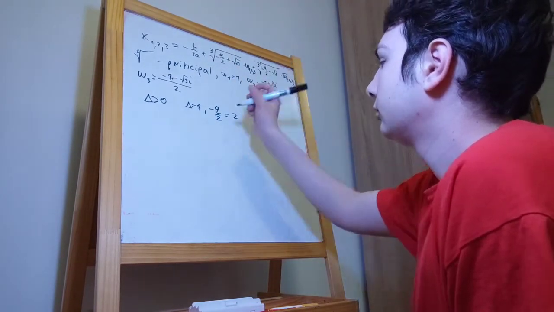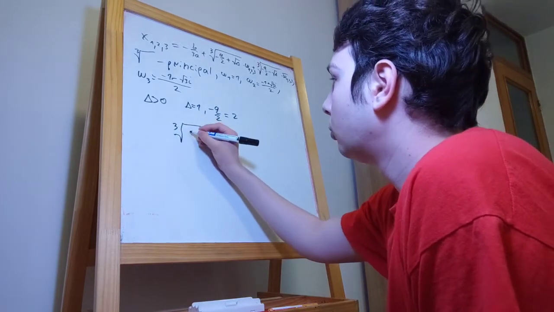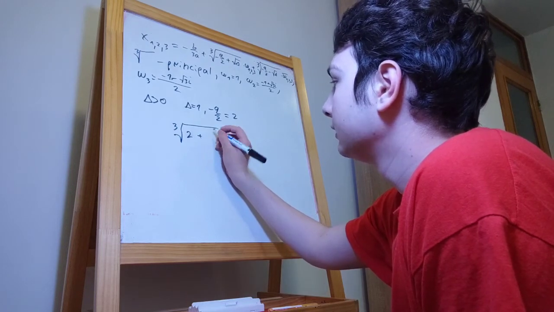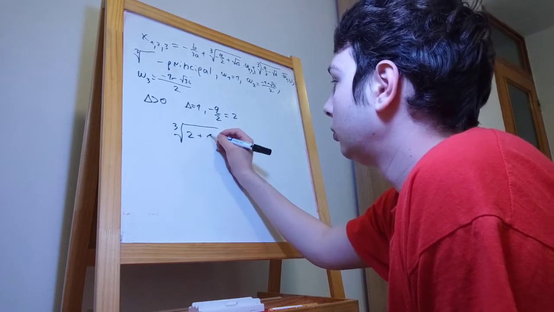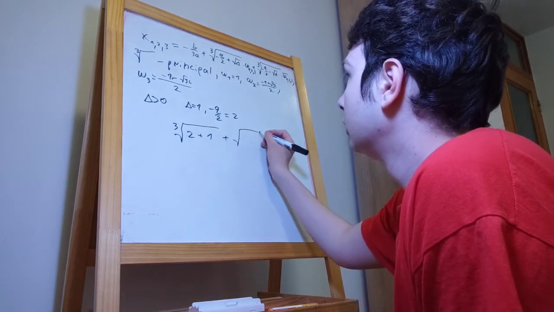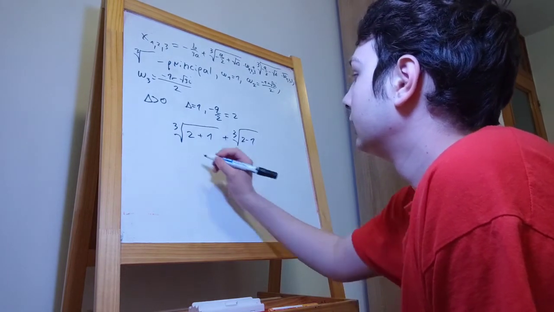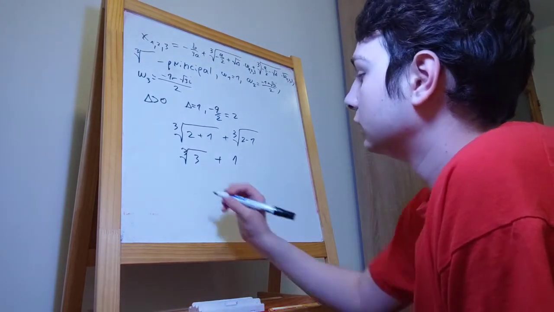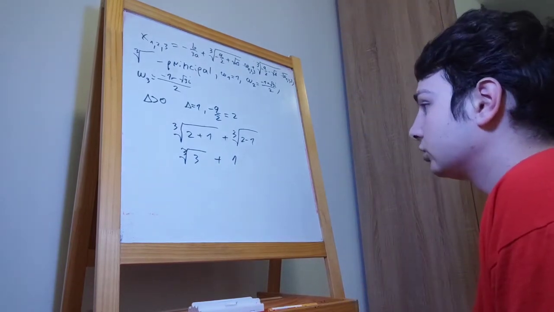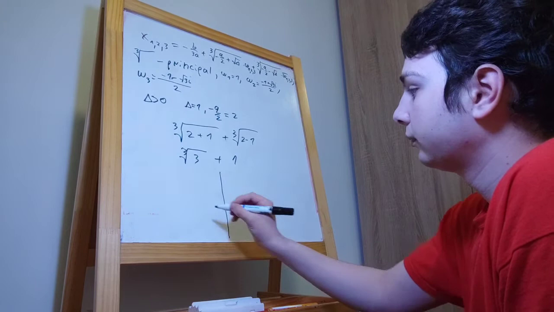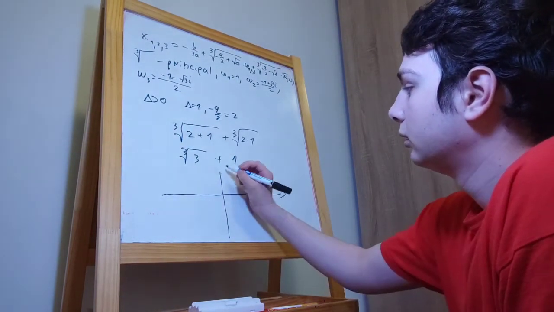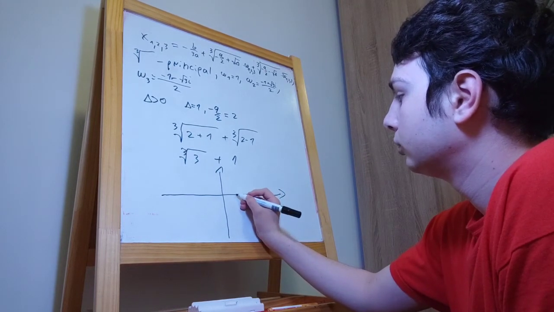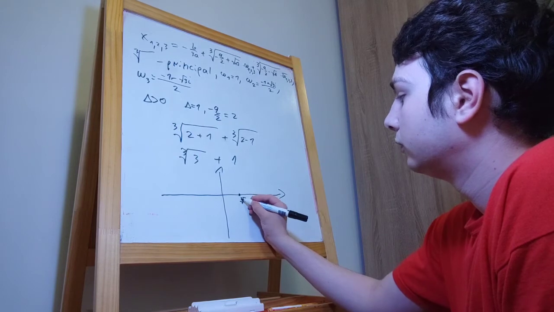What we have here is the cube root of 2 plus 1 plus the cube root of 2 minus 1. That's the cube root of 3 plus the cube root of 1, that's 1. So this is our first solution, and I'll just draw it for you. Let's say this is 1, add the cube root of 3, that would be the cube root of 3 plus 1.